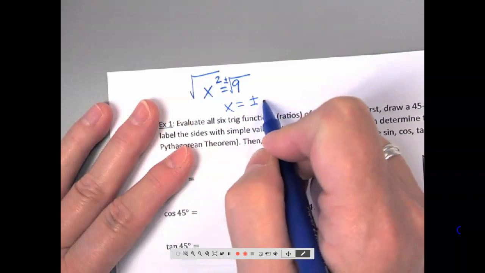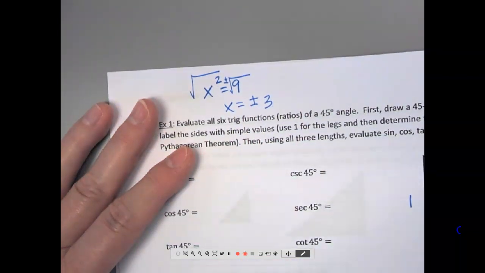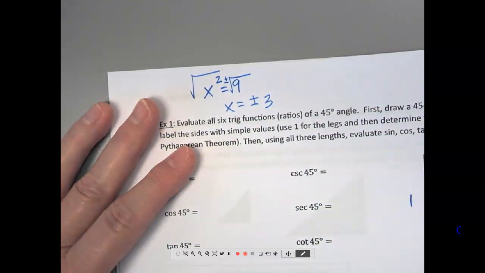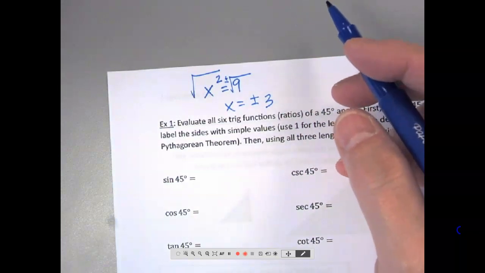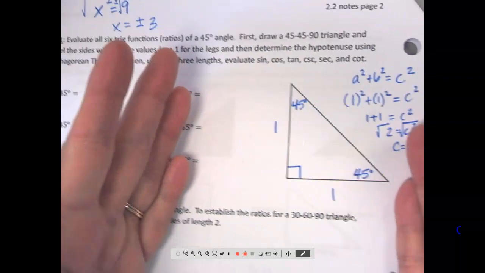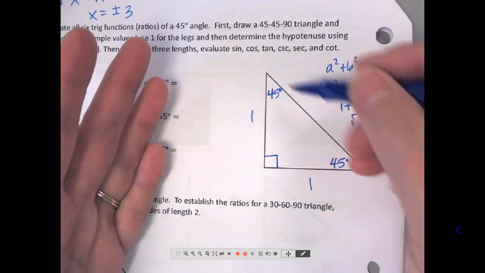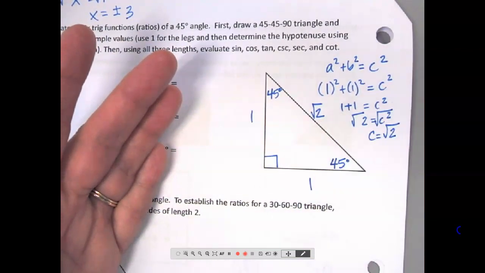Because couldn't x be positive or negative 3? And when I squared it, I got 9, right? So usually when we just straight up solve an equation and take the square root of both sides, we'll have to put that plus or minus here. But this is the length of a triangle, so I'm only going to use the positive here. Okay, so my hypotenuse is square root of 2.